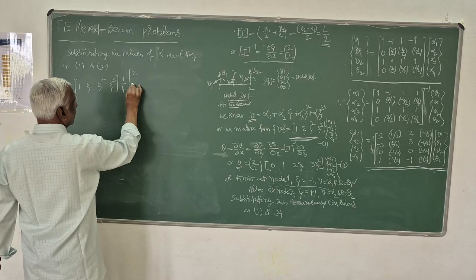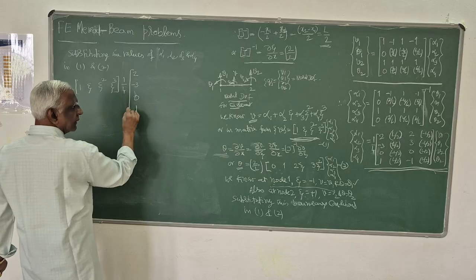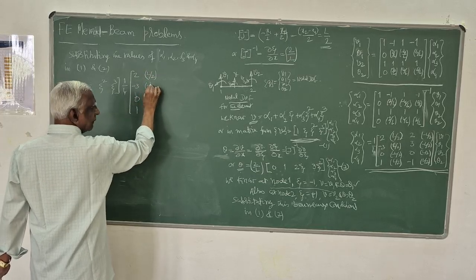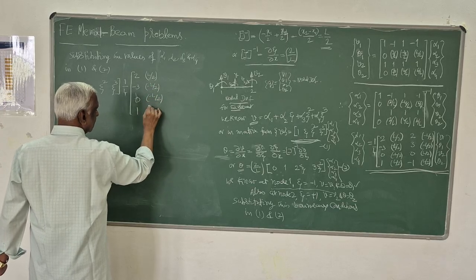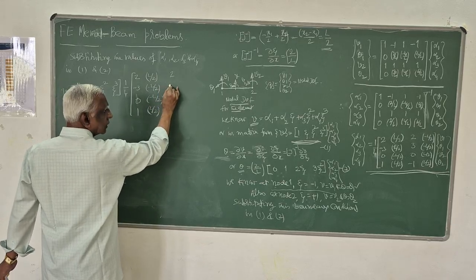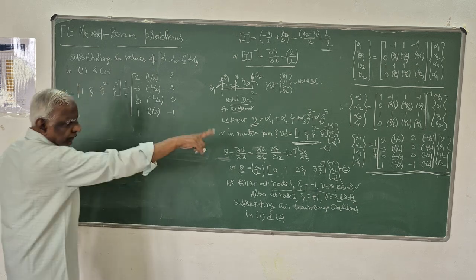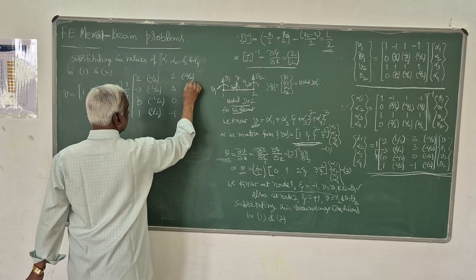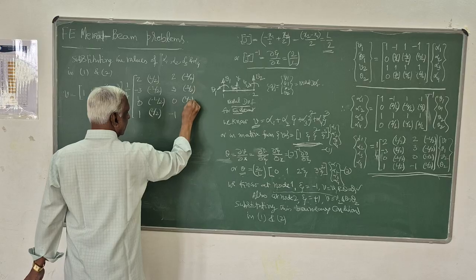2, minus 3, 1, 0, 1, then L by 2, minus L by 2, minus L by 2, L by 2, then 2, 3, 0, minus 1, then minus L by 2, minus L by 2, L by 2, L by 2.